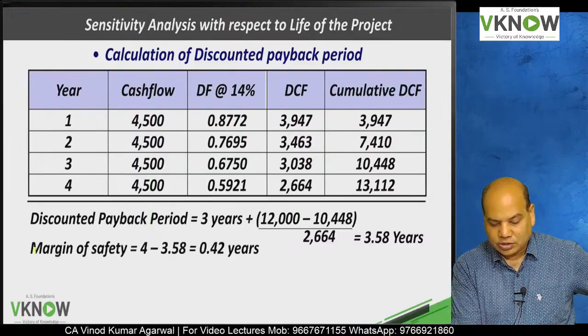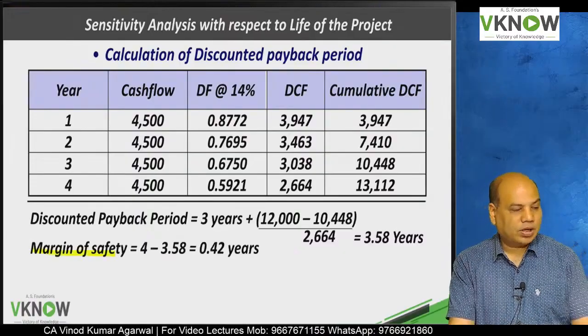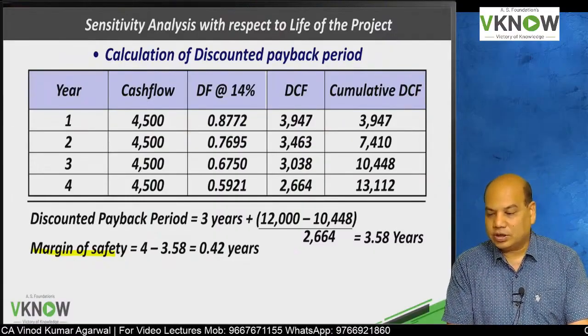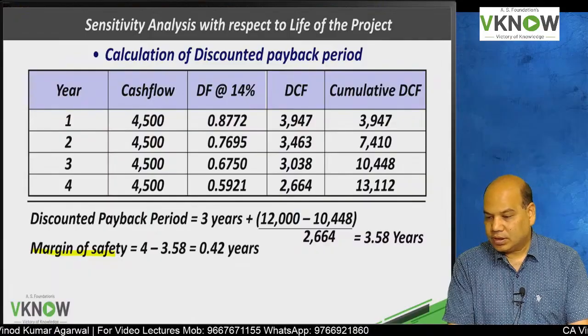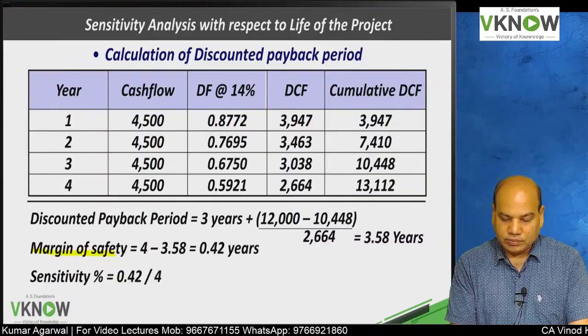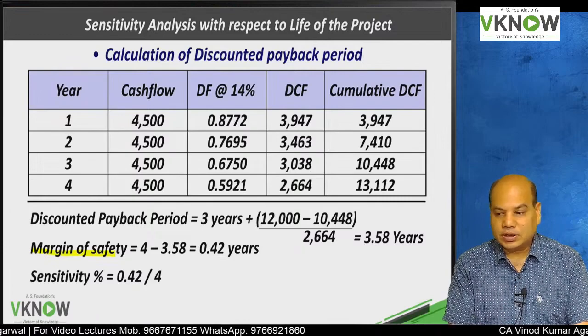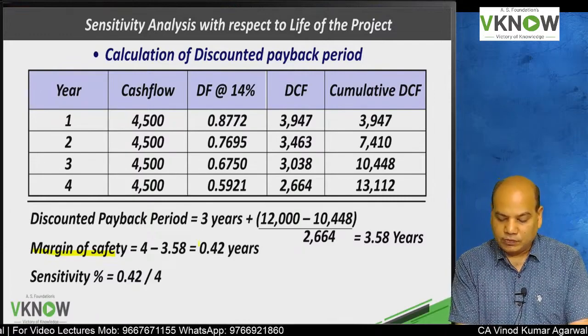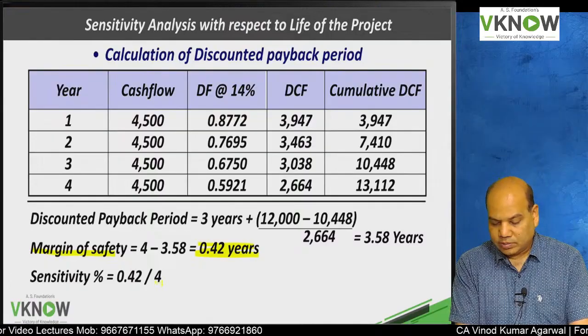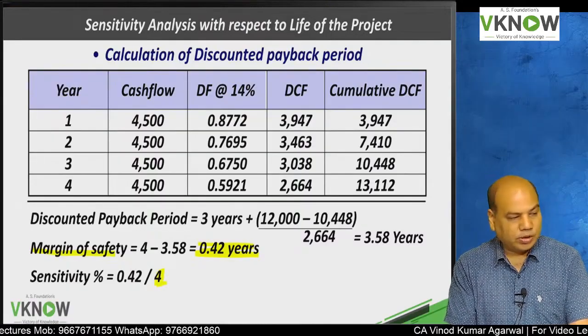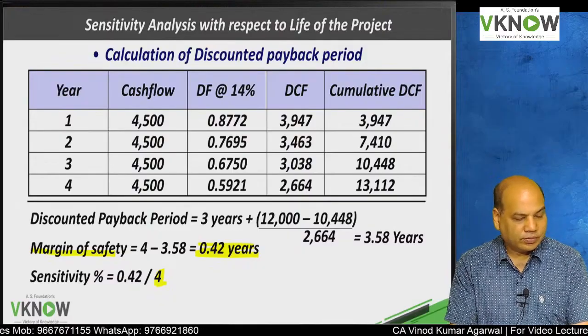Therefore write down margin of safety: 4 minus 3.58 is equal to 0.42 year, and therefore sensitivity percentage will be 0.42 divided by the original estimated period 4, into 100.